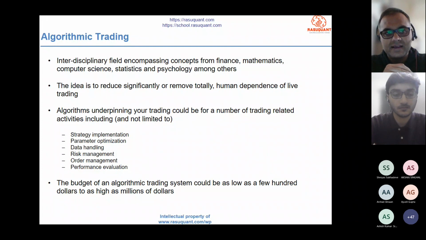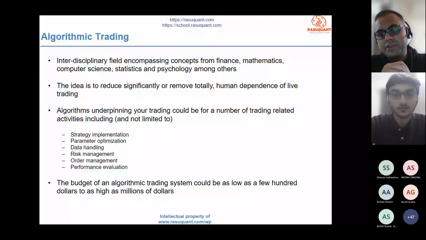The whole idea of algorithmic trading is that you want to reduce human dependence on trading as much as possible. Ideally, you should have a trading setup which kicks off at 9:30 in the morning when the exchange is open.